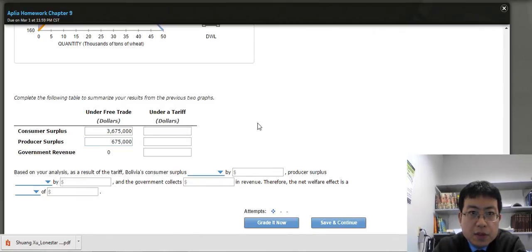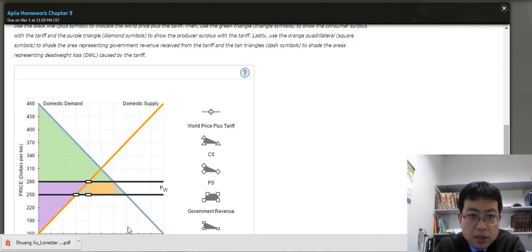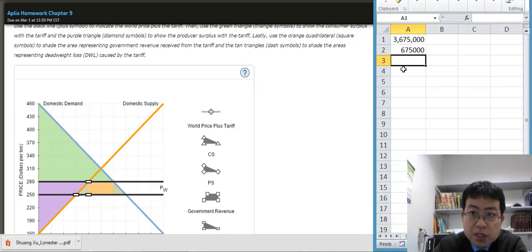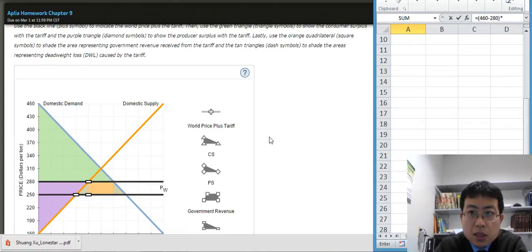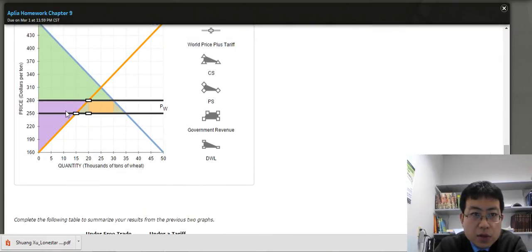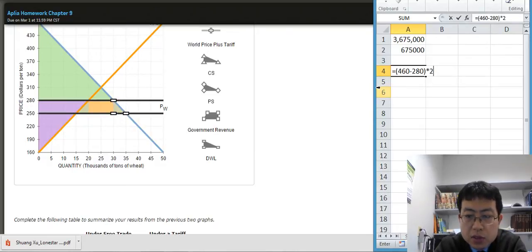And then under a tariff, let's redo this area over here. Now our new consumer surplus, the vertical distance goes from 460 to 280. So 460 minus 280, times our horizontal distance, which is from 0 to about 30,000, and then divided by 2.